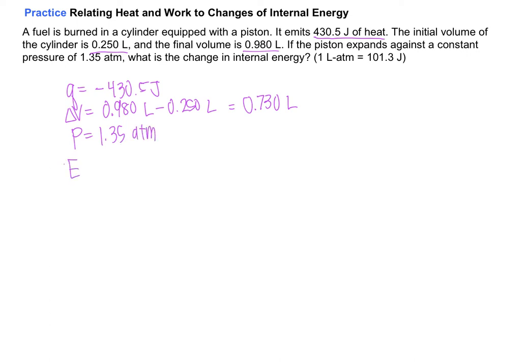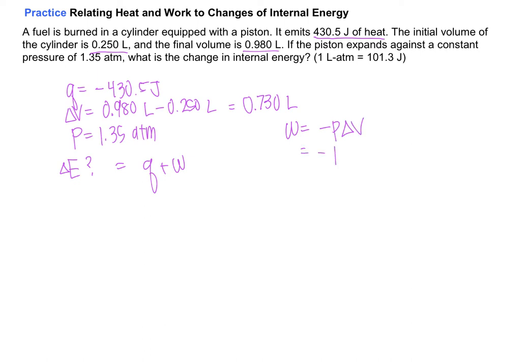What's the change in internal energy? So for that, I'm going to plug it in, and it's Q plus W. Now I know Q, but when I solve for W, work is negative P delta V. So let's plug that in.